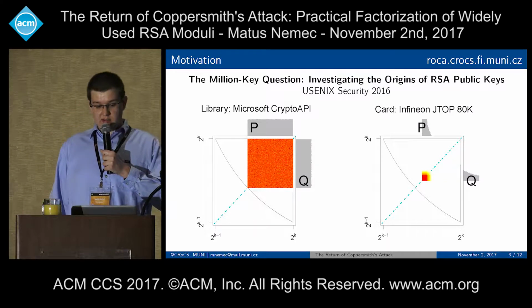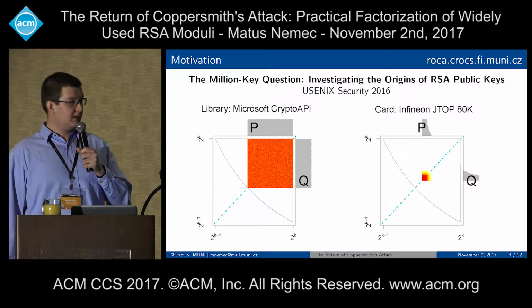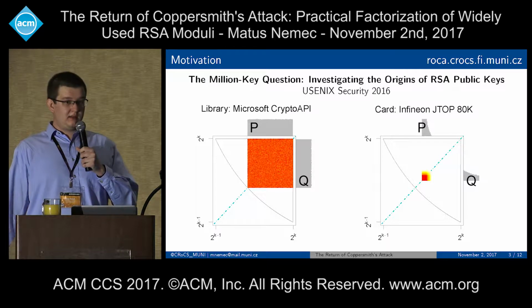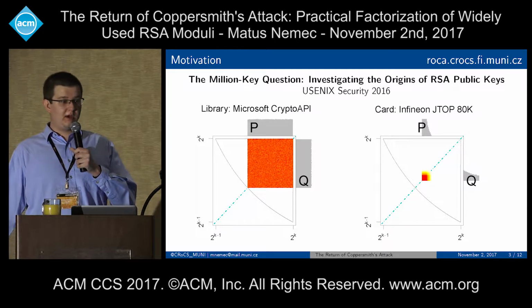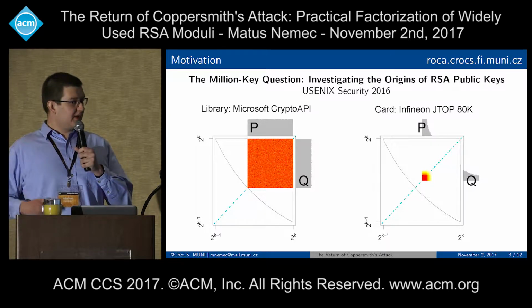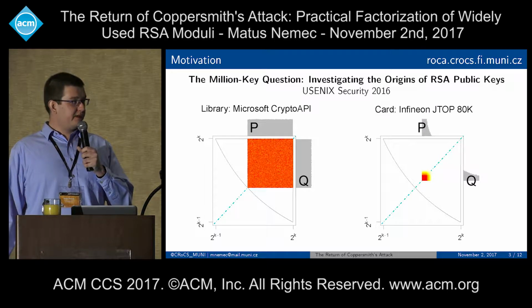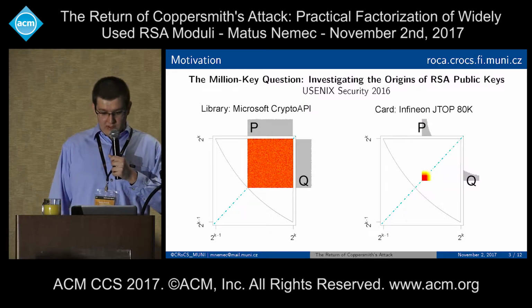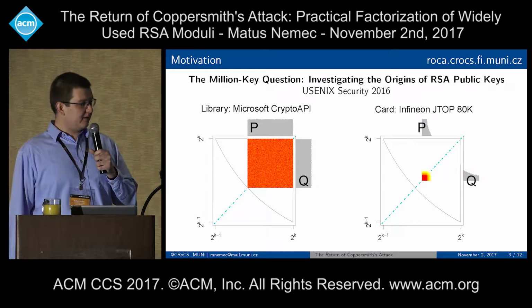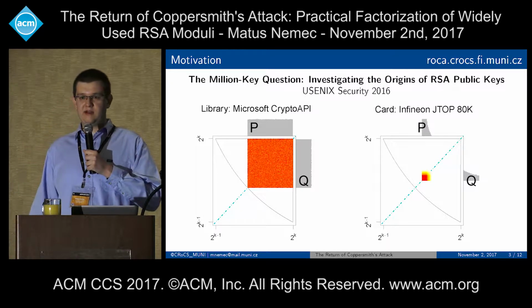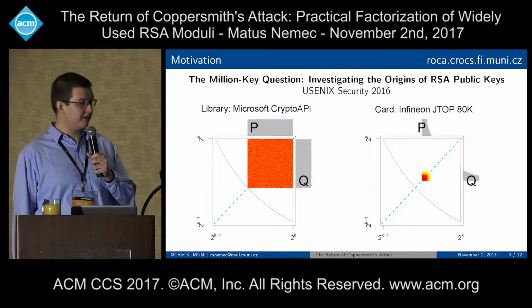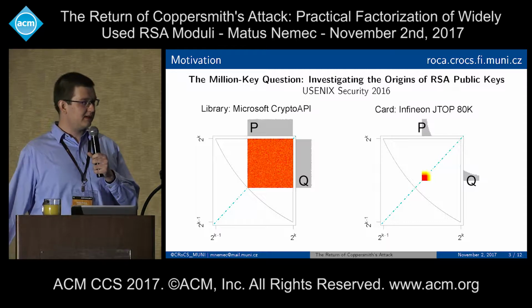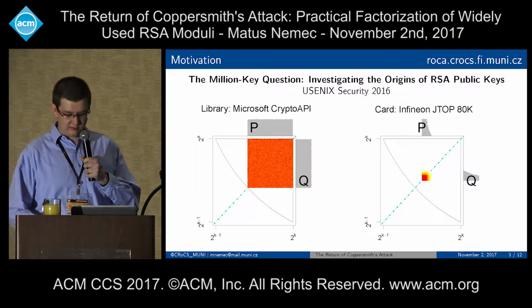For example, it's plain to see from this figure that the distribution of the primes generated by software libraries such as Microsoft differs from one generated on a smart card made by Infineon. The data sets of this paper are online, so if you want to search for other vulnerabilities in other manufacturers, you can just download this and work with the keys.